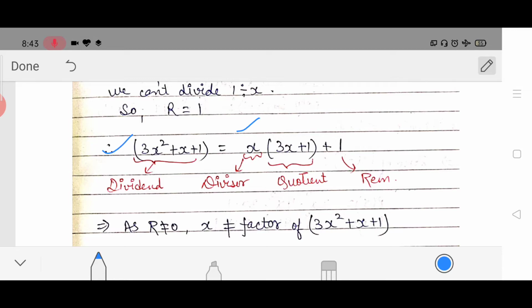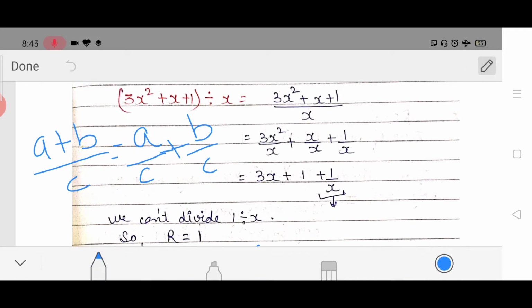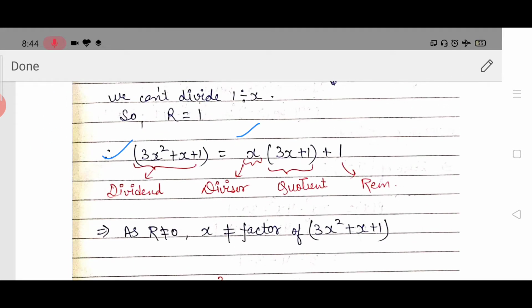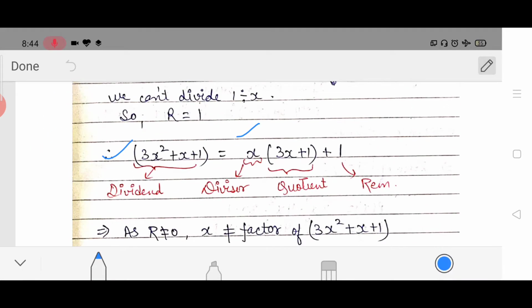So our quotient was this, and the left out term is the remainder. 1 here is the remainder. Okay, so we have written it here. Quotient was 3x plus 1, and 1 cannot be divided by x, that's why 1 is the remainder. So this is our equation.